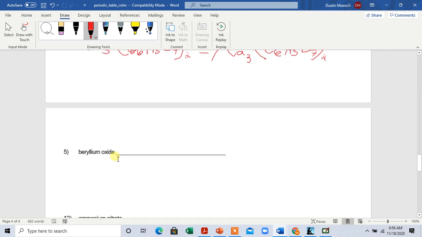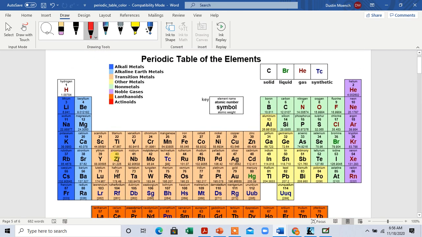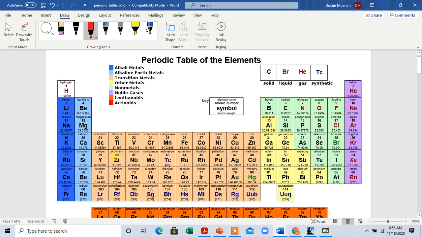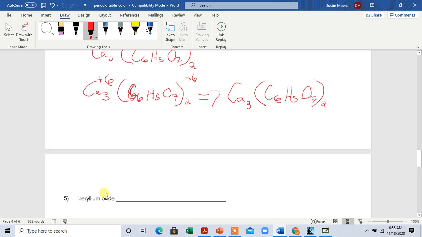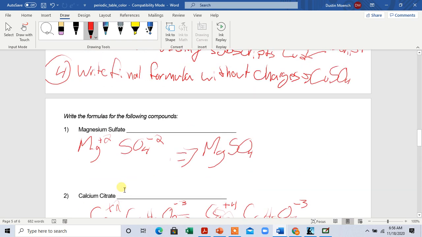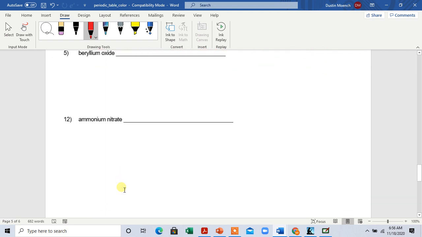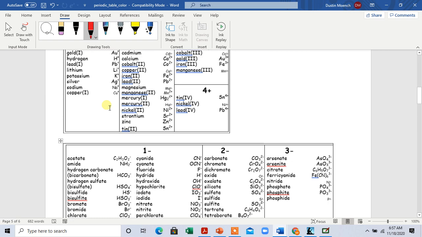Okay, one more. Beryllium oxide. Nah, let's not do that one. That one is just super easy again. They balance out. Ammonium nitrate. That's a good one. So look, first step is writing down the symbols, but this has two polyatomic ions. So we'll find both of them on the polyatomic ion sheet.